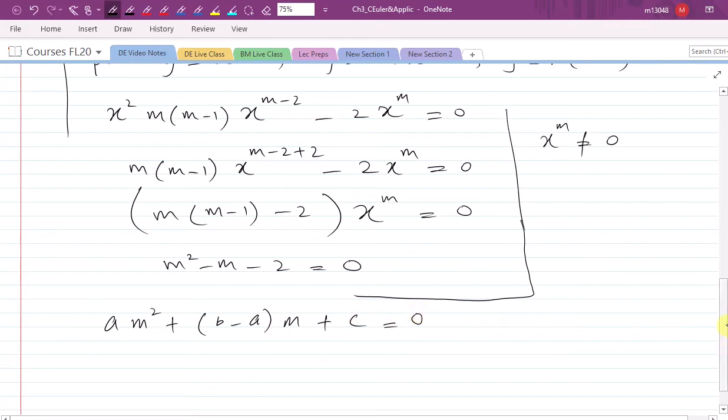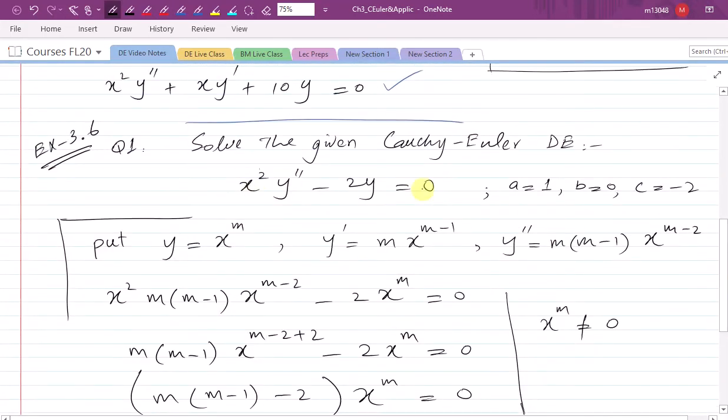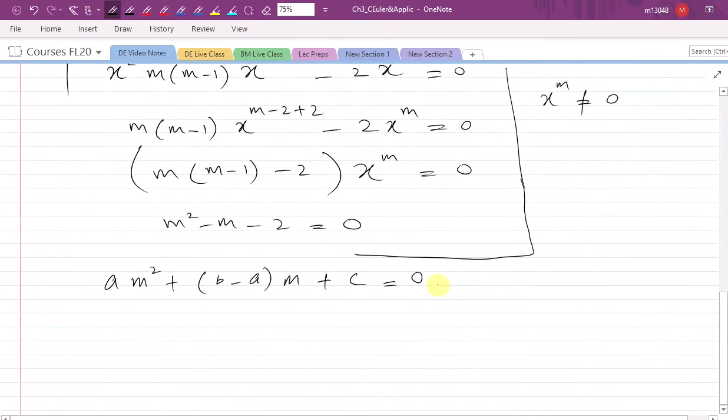So starting with this equation, you have a equals 1, b equals 0, c equals minus 2. If you use this formula, you can get this auxiliary directly without doing these steps.